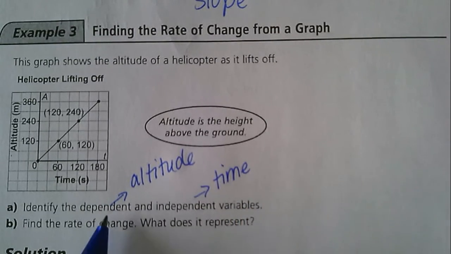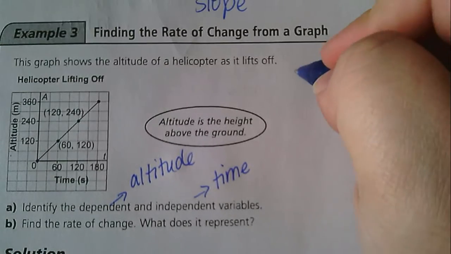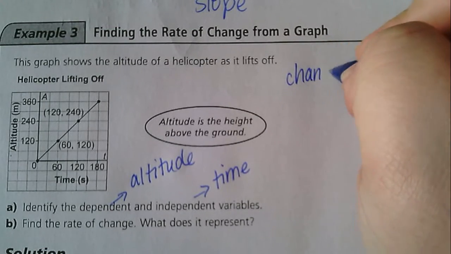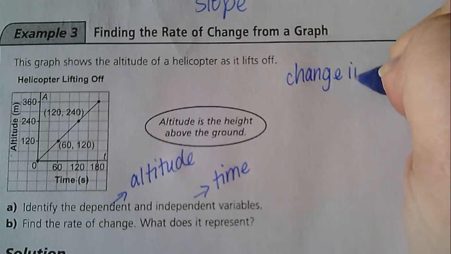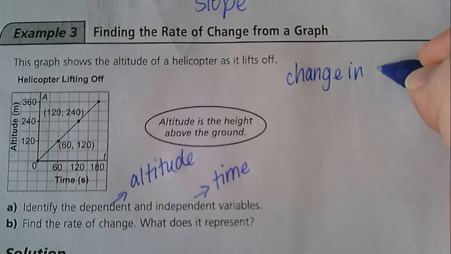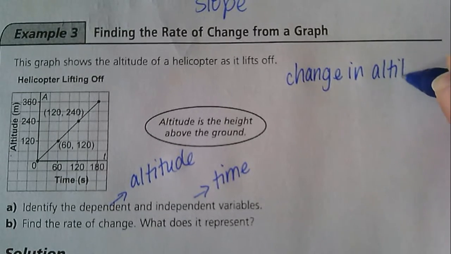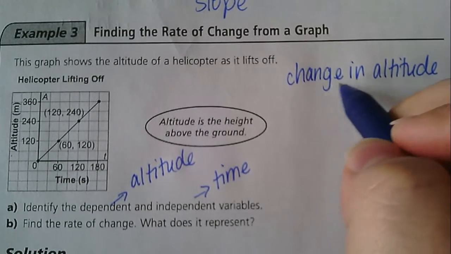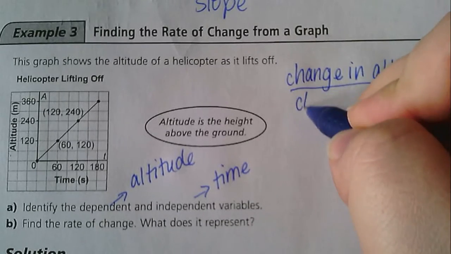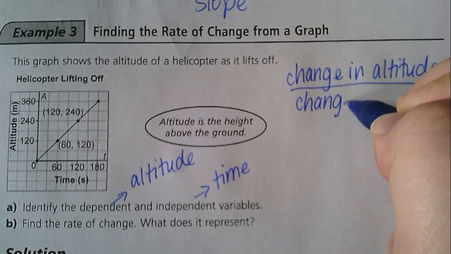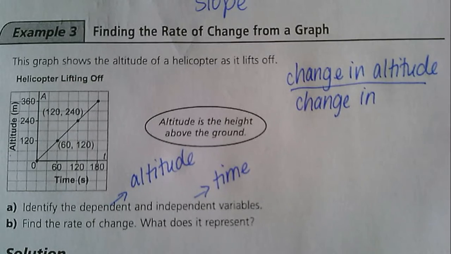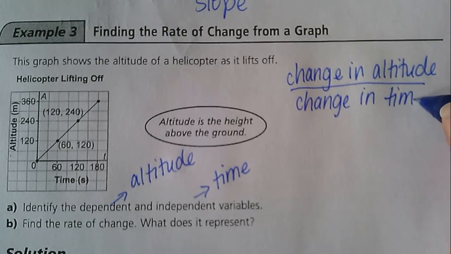So we have dependent altitude, independent is our time. The rate of change formula is our change in our y value, which in this case is altitude, divided by our change in our independent variable, which in this case is our time.